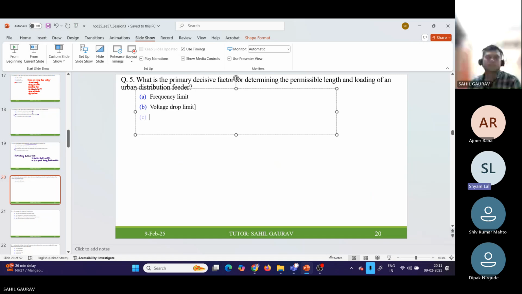Only two options are showing, and I think B is the right answer. The other options are not shown. Yeah, only two options: frequency limit and voltage drop limit. I think some lagging problem is happening.